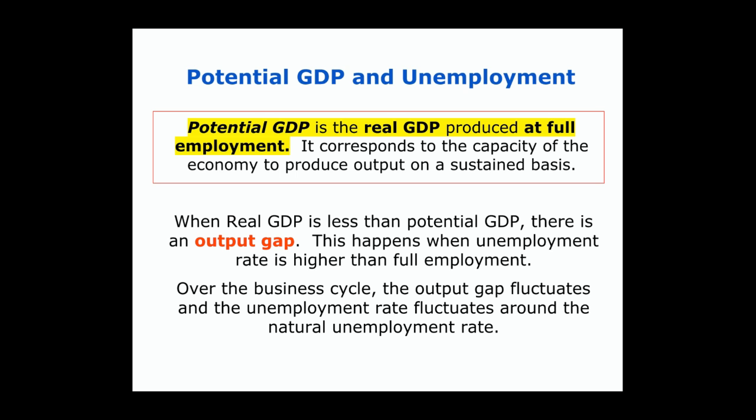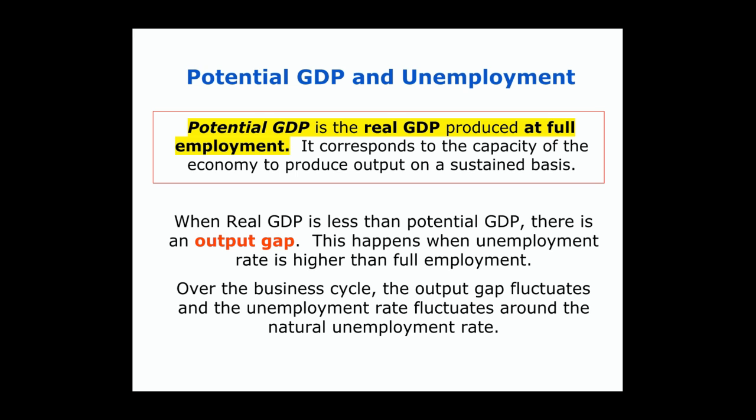Now, we can use this idea further and talk about unemployment and how it relates to GDP and potential GDP. We say that the real GDP is the GDP that's produced when we're at full employment.